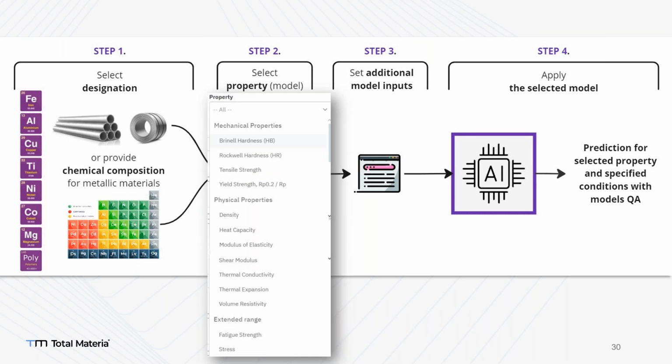Right now, we can predict Brinell hardness, Rockwell hardness, tensile strength, yield strength, density, heat capacity, modulus of elasticity, shear modulus, thermal conductivity, thermal expansion, and volume resistivity, including fatigue strength and stress strain curves.